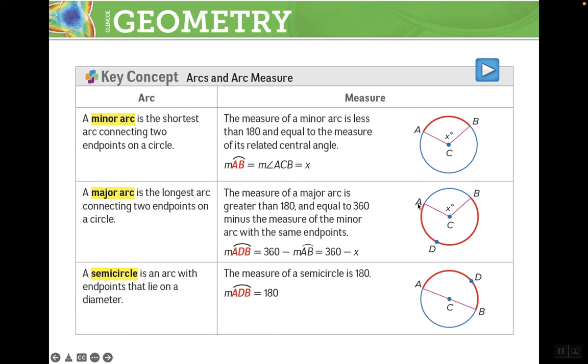So this is measure of arc ADB, which would be whatever degree measure of this angle is. And then a semicircle, it's always better to use 3 points to name if at all possible. Otherwise you don't know which side of the circle they're talking about.